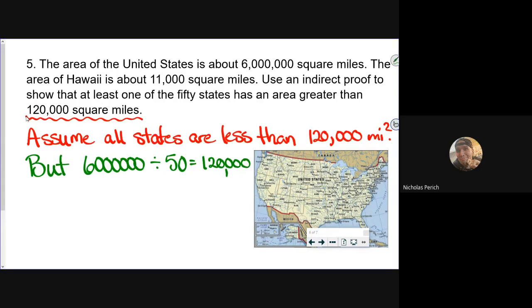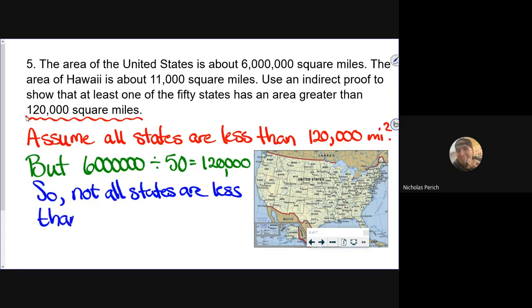No. So not all states are less than 120,000 square miles, which means one state has an area greater than that.